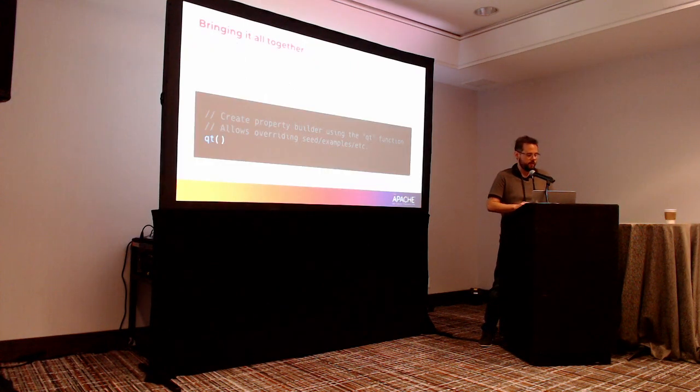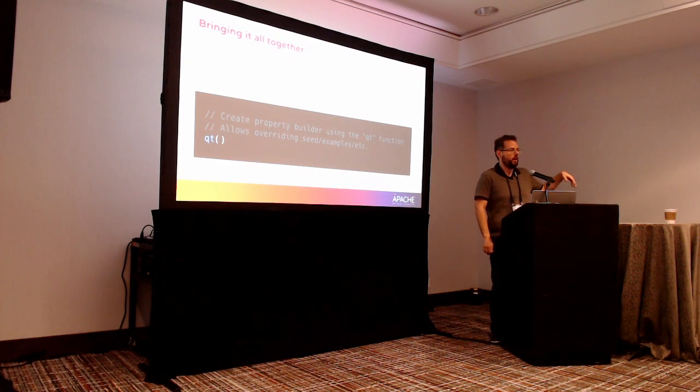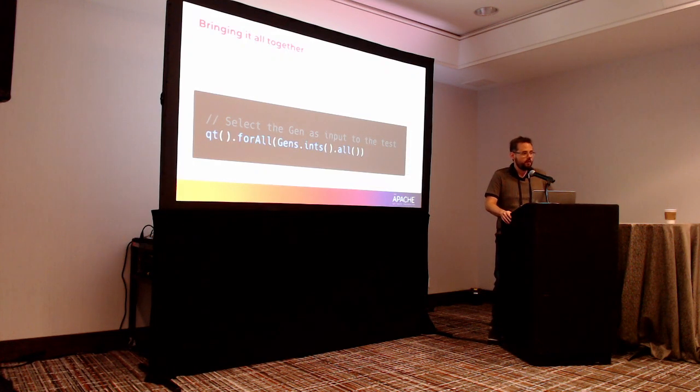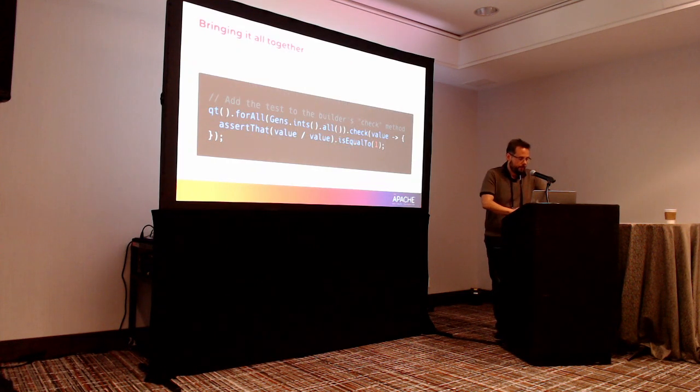So how do we bring this together? You could either hand roll, like we saw before, with all of the copy paste we have, where you're controlling everything yourself, or you could just call the existing functions we have. So we have the qt function, which returns a builder. You'll see one in a minute. You then say forAll, in this scenario, for all integers, and we do the test we had before.